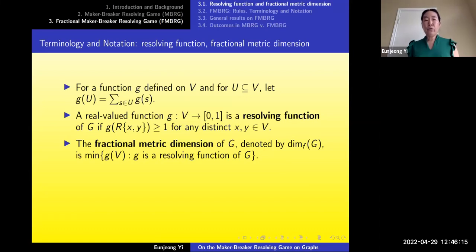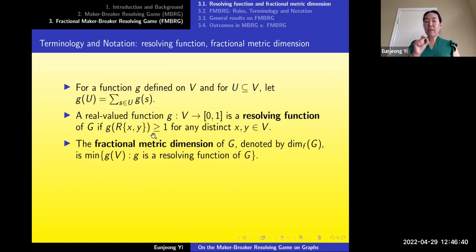With respect to a resolving function, we are allowing any value greater than or equal to 0 and less than or equal to 1. So the second bullet is that a real valued function g from the vertex set V to the closed interval of real numbers from 0 to 1 is a resolving function of G if g(R{x,y}) is greater than or equal to 1.